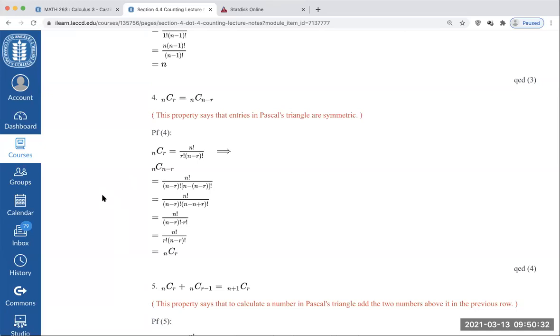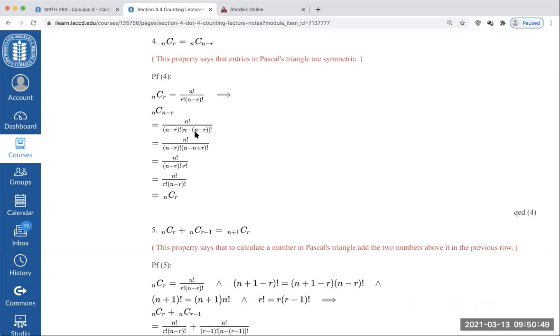So NC n minus r is n factorial over, instead of r, n minus r factorial times the quantity n minus, n minus r. There's a minus sign outside the parentheses, so this becomes n minus n plus r. The n's cancel, and so this is just r factorial. But n factorial over r factorial times n minus r factorial is just NCR. And that's what we wanted to show.